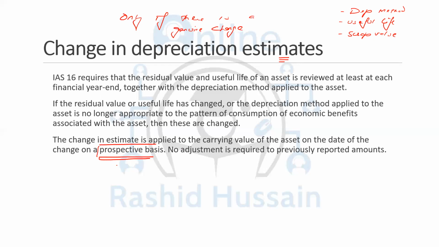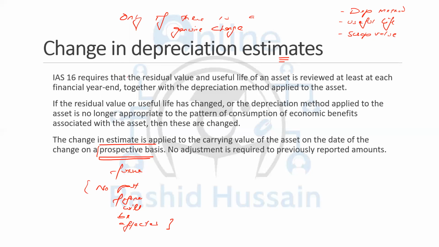That means its impact is going to be in the future, and no past figures will be affected. You're not going to change the previous figures, which have already been recorded as depreciation.